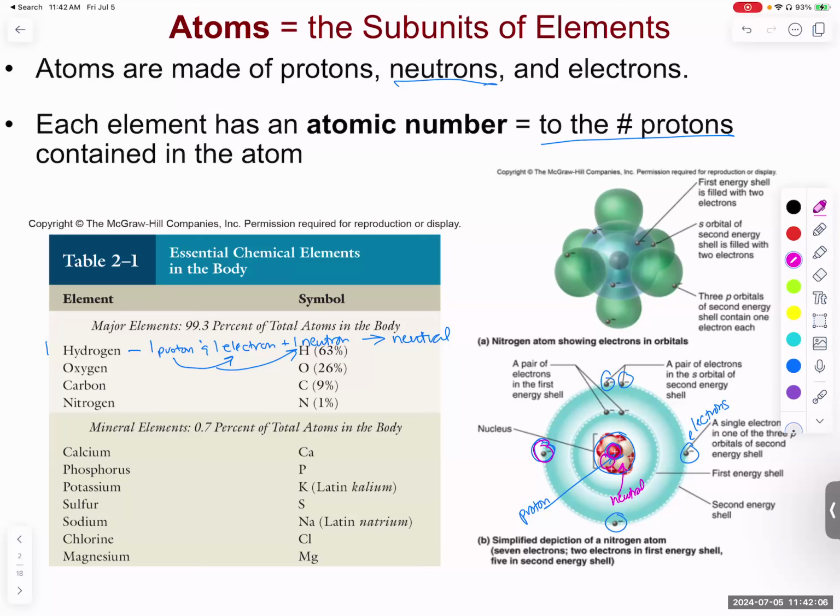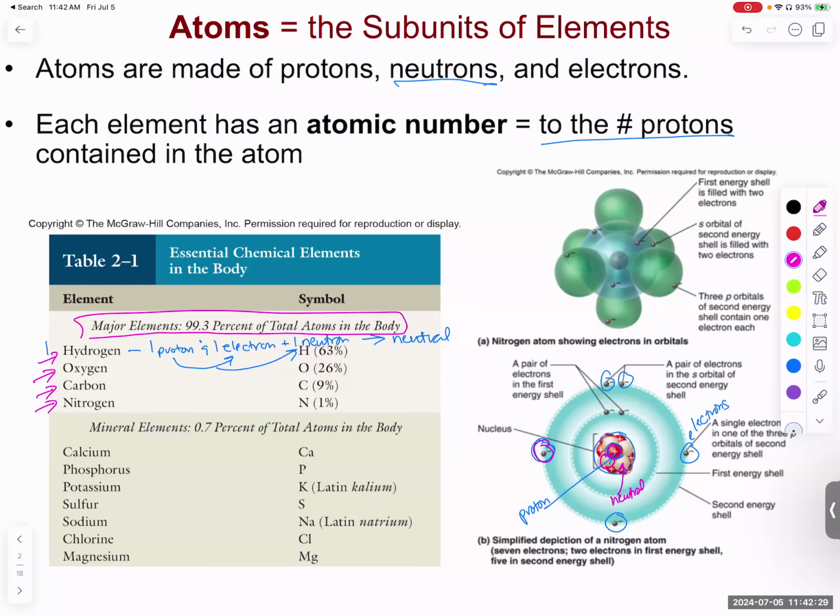But I want to explain to you what protons, neutrons, and electrons are. And so all of your body, the human body, is about 99.3% hydrogen, oxygen, carbon, and nitrogen. So that is the main elements of our body.